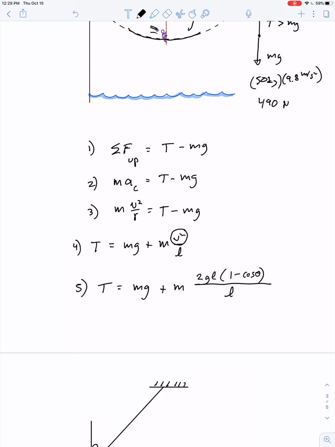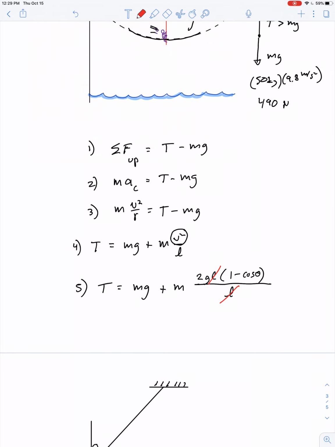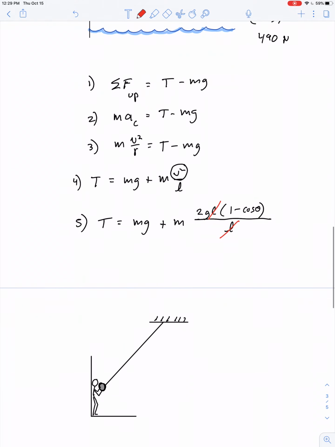Well, notice here that the L cancels out of the equation this time. And now we can factor out mg. T equals mg times the quantity 1 plus 2 minus 2 cosine theta, if we distribute this 2, yeah? Well, 1 plus 2 is, of course, 3.